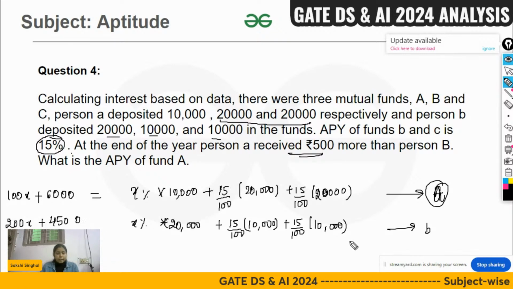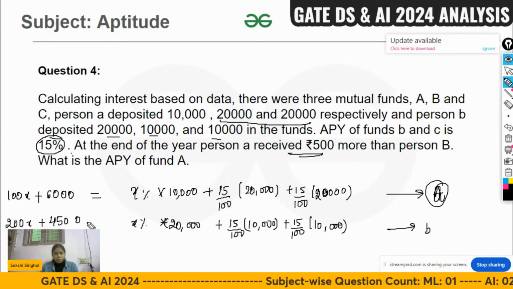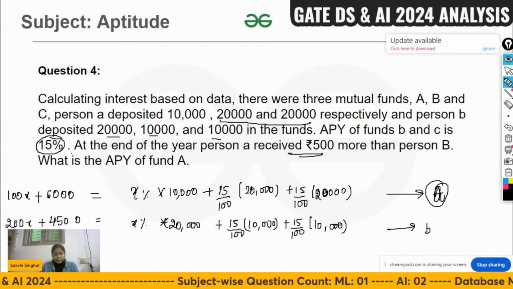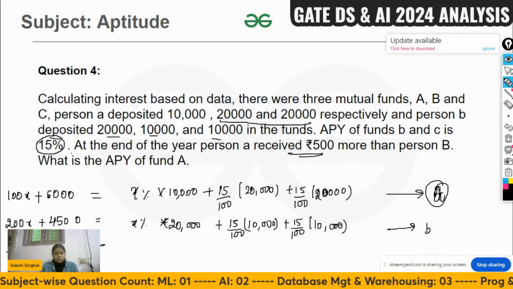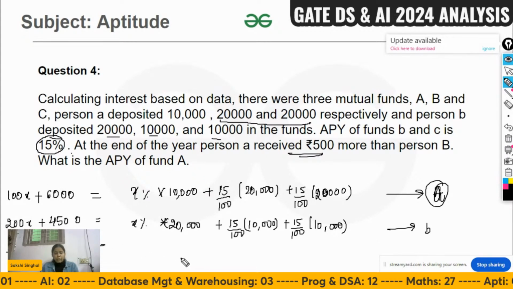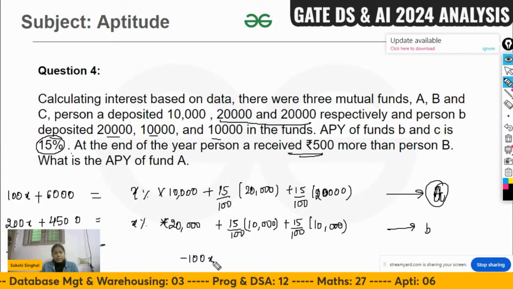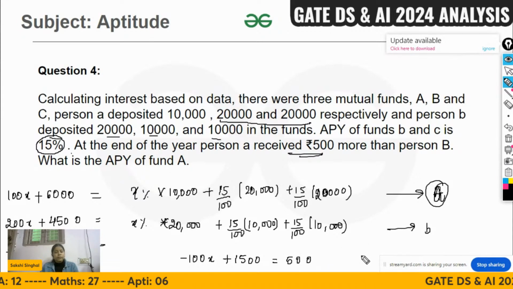And they are saying that A got 500 more. So if I subtract their prices, I'll get a difference of 500. Let's subtract it. If I subtract these two, I'll get minus 100x plus 1500 is equal to 500, because there is a difference of 500.